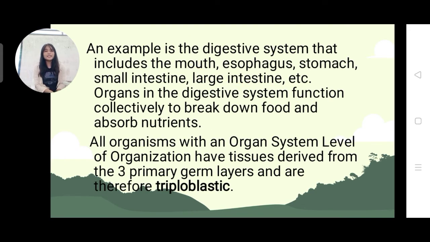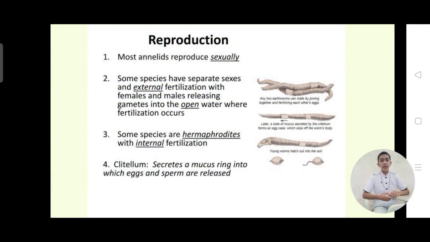An example is the digestive system that includes the mouth, esophagus, stomach, small intestine, large intestine, and etc. Organs in the digestive system function collectively to break down food and absorb nutrients. All organisms with an organ system level of organization have tissues derived from the three primary germ layers and are therefore triploblastic.